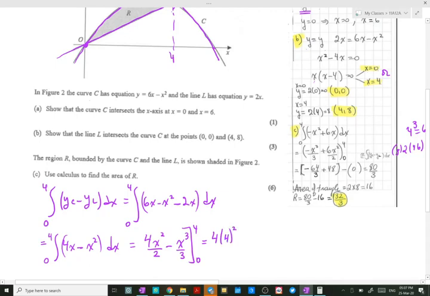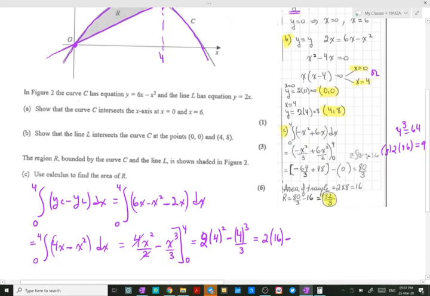We simplify 4 by 2, it's 2, so we write 2 times 16 minus 4 cubed over 3, which is 64 over 3.